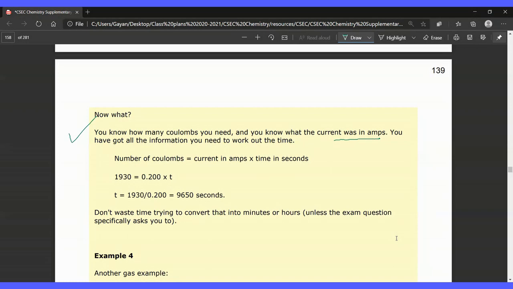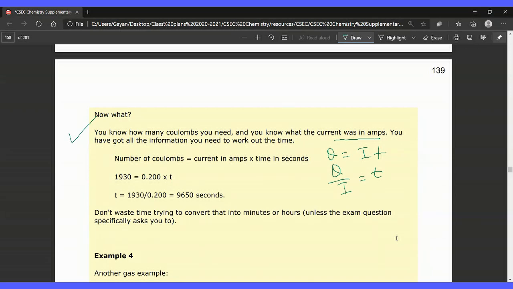So you now have all the information in order to work out the time. Remember we said that coulombs is equal to I times T, so Q is equal to IT. If you want to find T, T is equal to Q over I. All you do is rearrange this information in order to get the time instead, right?